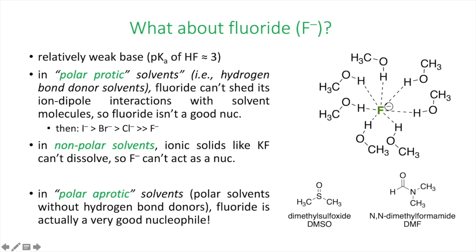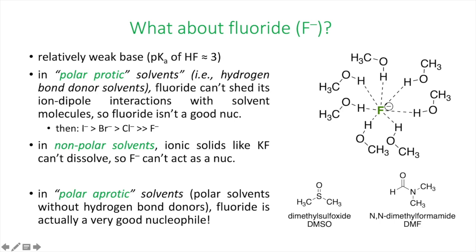These interactions are so strong that you can't rip the solvent molecules away from the fluoride long enough for the fluoride to use those electrons to make a bond, right? It's kind of like when a celebrity can't get into a restaurant because there are so many hangers-on surrounding her at all times that she can't get in, or something like that.